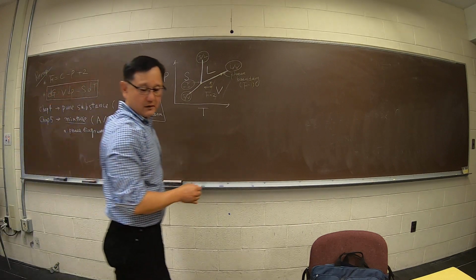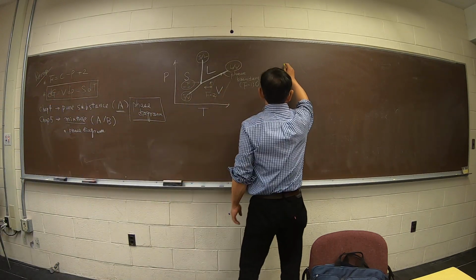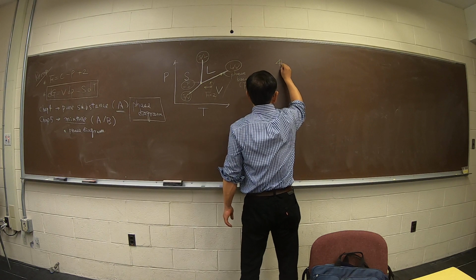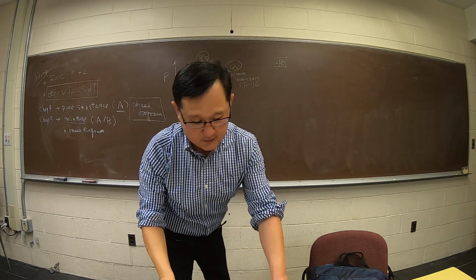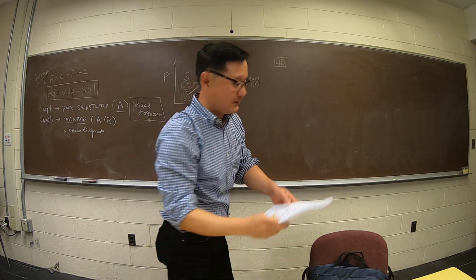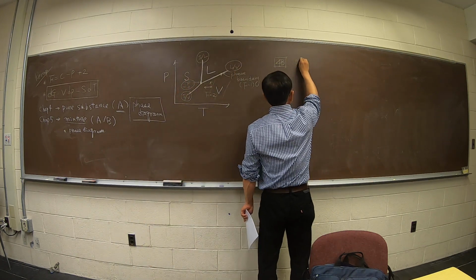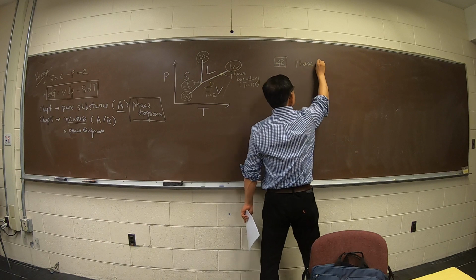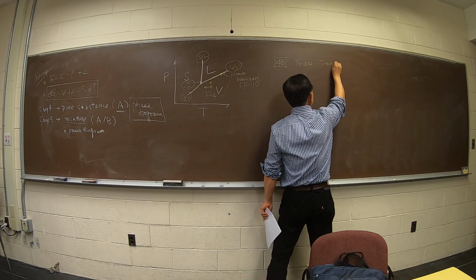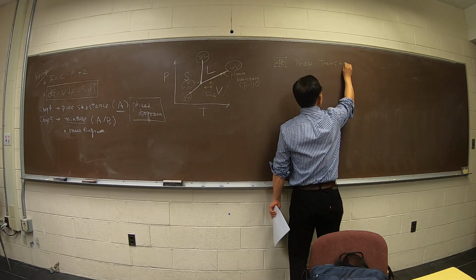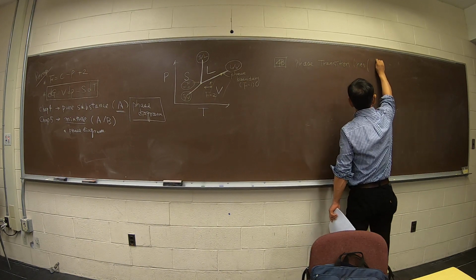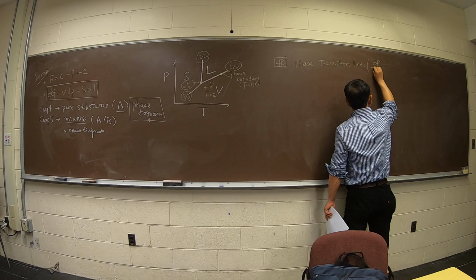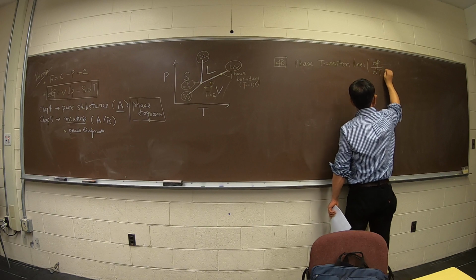Okay, so the topic I am going to talk about is 4B, which is called the phase transition lines. What I mean is, we want an expression for the pressure change with temperature change.